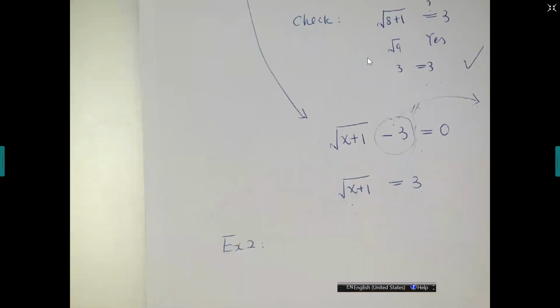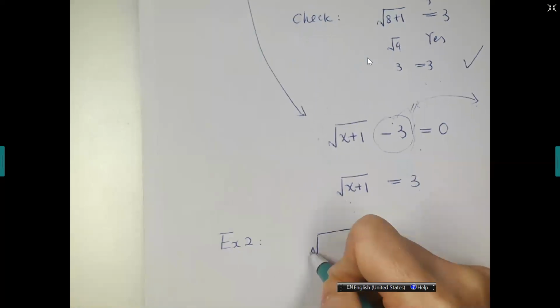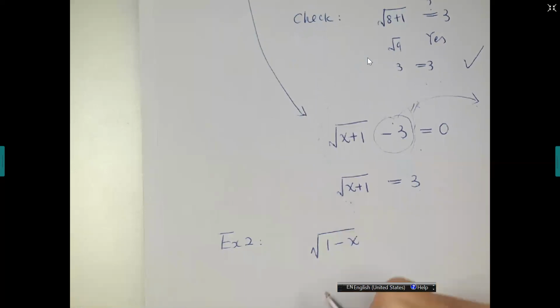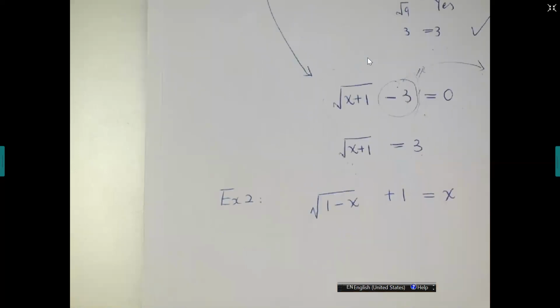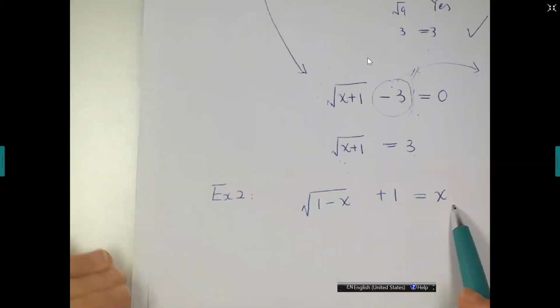See, I have one equation here. It is given like radical 1 minus x plus 1 equals x. What do we have here? We have one radical equation. We'll check, like I told you before. Step 1, we check how many radical terms there are.